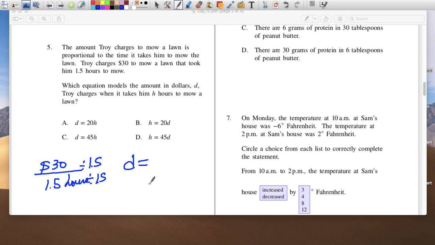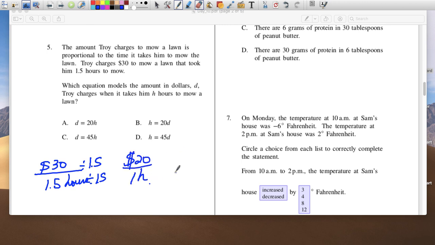It's going to be 20. Right, so 30 divided by 1.5. So if you divide both top and bottom by 1.5, we get the unit rate. So the unit rate here is $20 in 1 hour. So that's his unit rate.